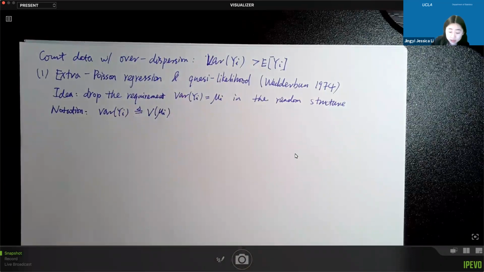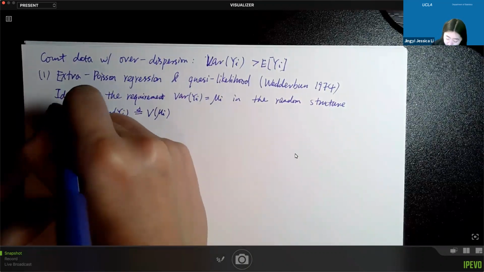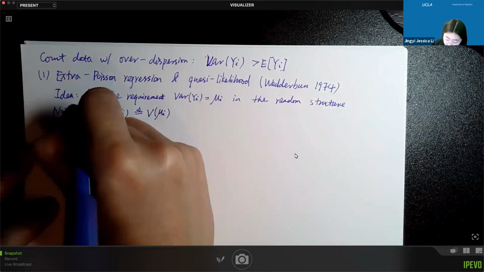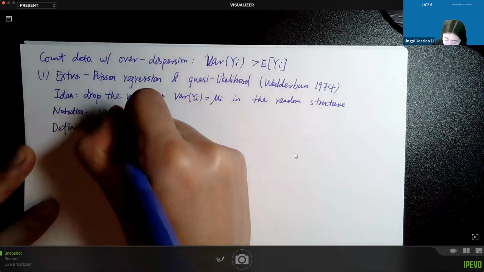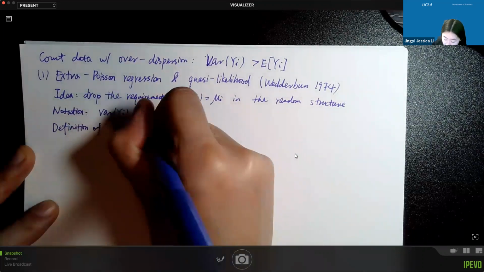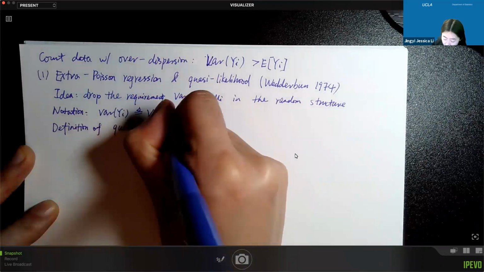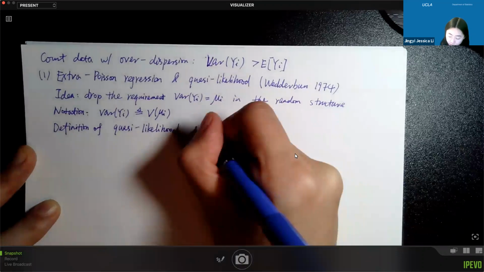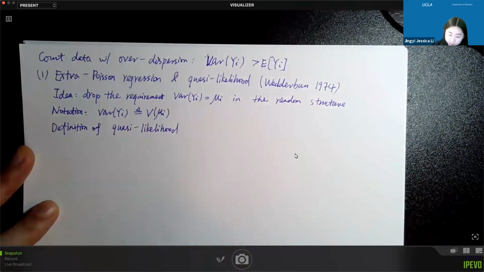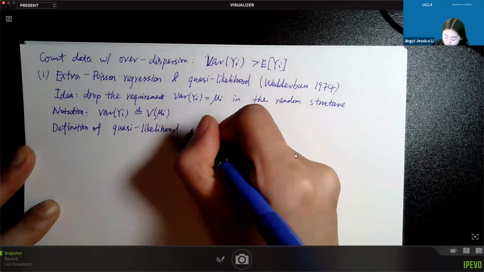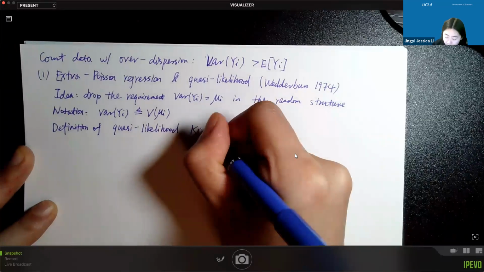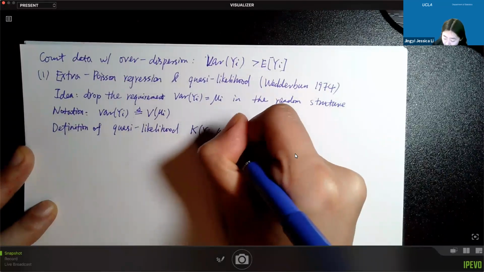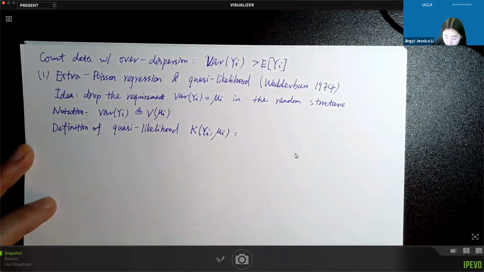And then it defines the quasi-likelihood. So they just say for each yi and its mean parameter mu_i, it defines a quasi-likelihood called k(yi, mu_i) by its derivative.